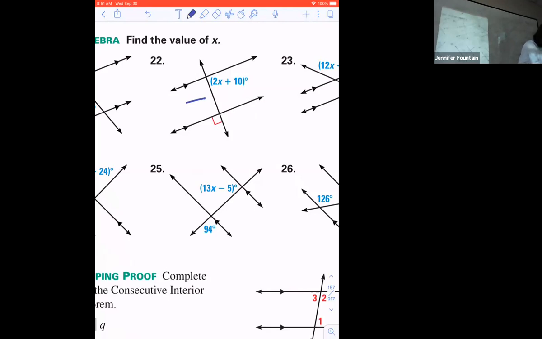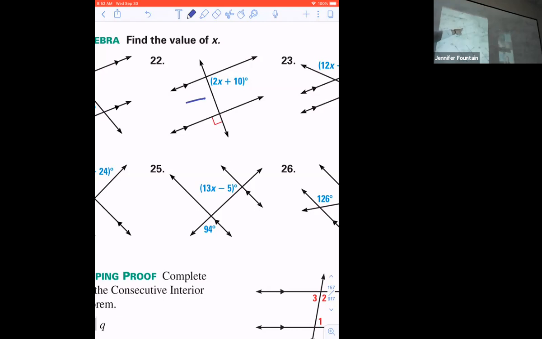Alternate. Okay, so they're not interiors. They're not both inside those parallel lines. Remember, interiors, they both have to be inside here. But if these are both parallel lines cut by my transversal, and then this one's 90 degrees, what is this angle going to be? 90 degrees.